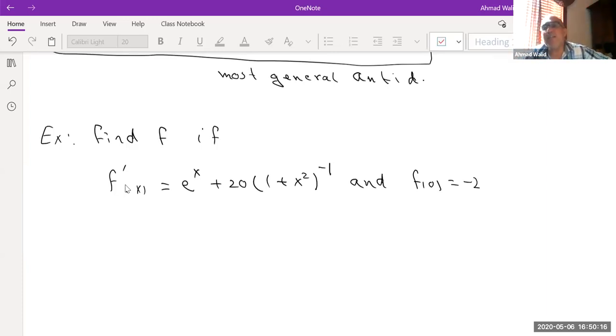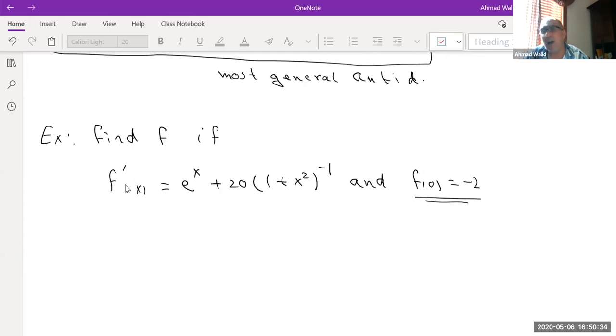If they give you this value, f of 0 equals -2, it means they are asking for a particular antiderivative of this function, or I can call it exact at this point.